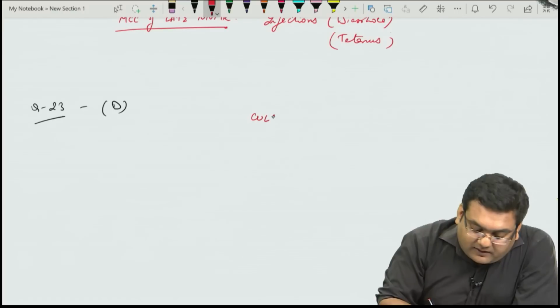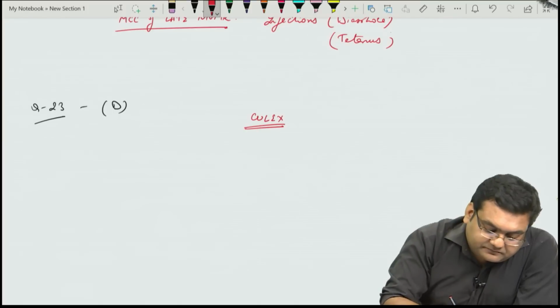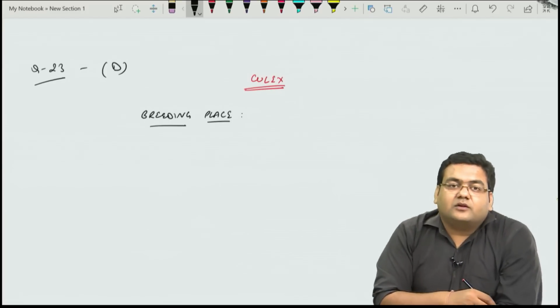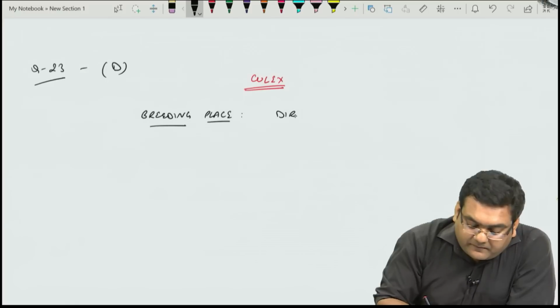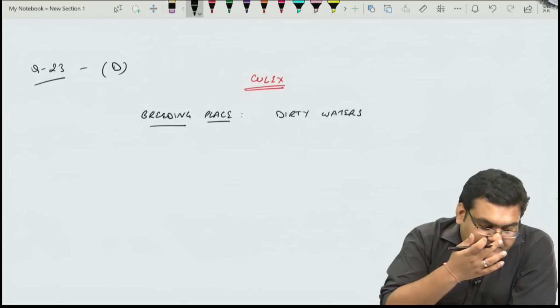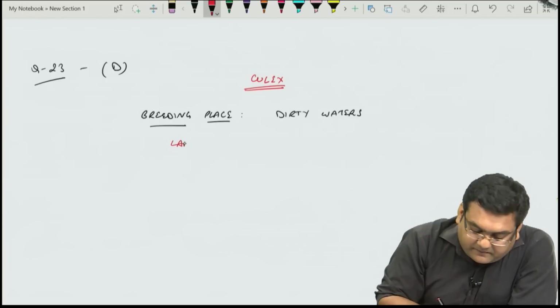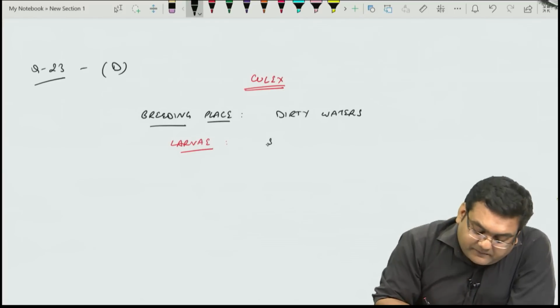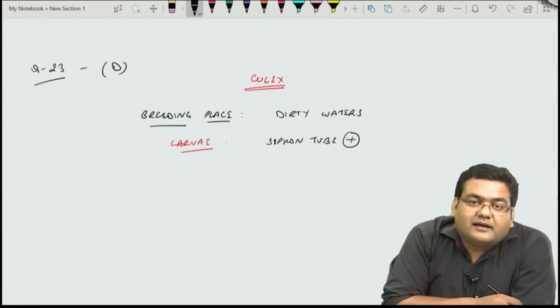Let us see some important features of Culex. Where does Culex breed? In dirty water. Important characteristic of larva: siphon tube is present.